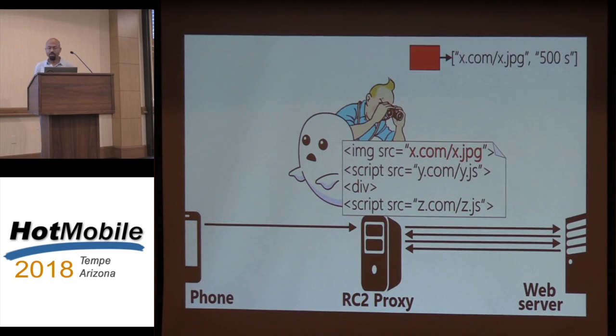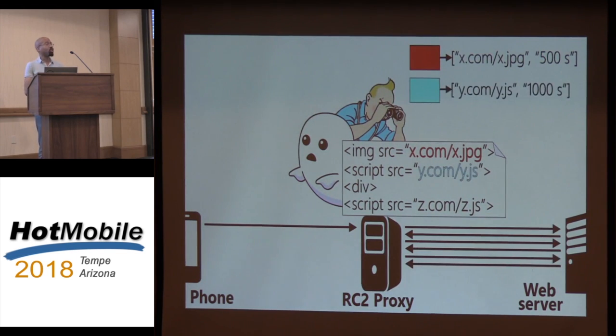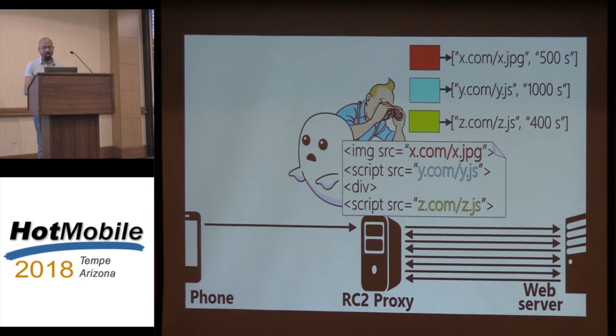So once the proxy updates the table for the image, the proxy continues to fetch the remaining external objects in the page. So the proxy fetches y.js, determines that the file has a blue hash, and updates the table accordingly. Then the proxy is going to fetch z.js, determine that that file has a yellow hash, and update the table.